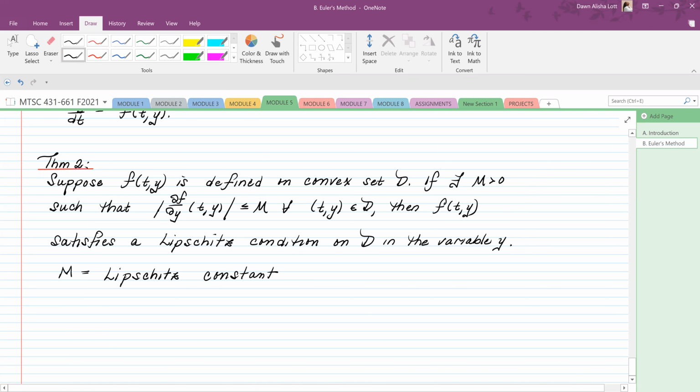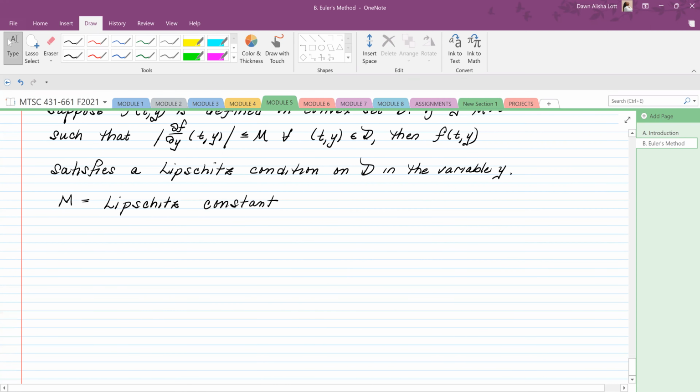Okay, so how does this work? So let's look at dy/dt is equal to y times the cosine of t, and we're on the interval 0 less than or equal to t less than or equal to 1.